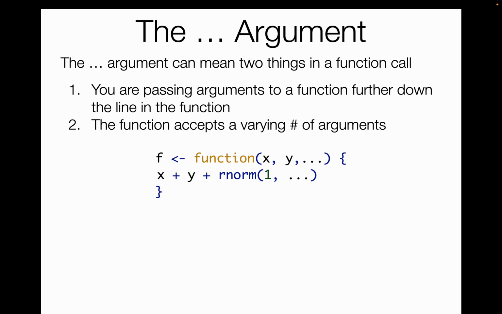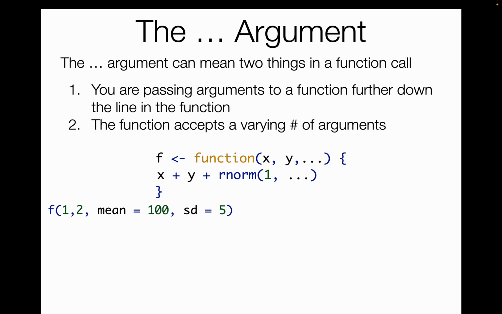So here's an example of number 1. I have a function that takes in x, y, and then the ellipsis. And then inside the function, I say what the function is going to do is take x, add y, and then add rnorm, 1, and then ... We've already encountered rnorm. That means I'm adding one random normal variate, but I'm making space here for me to set the mean and standard deviation of the function inside f, because I can't really do that inside rnorm.